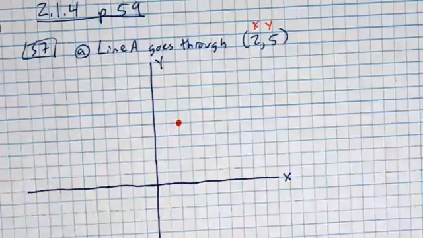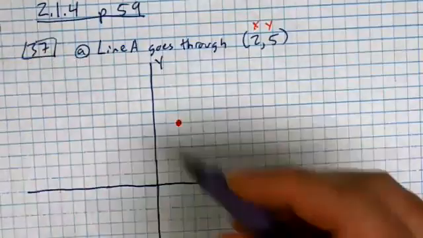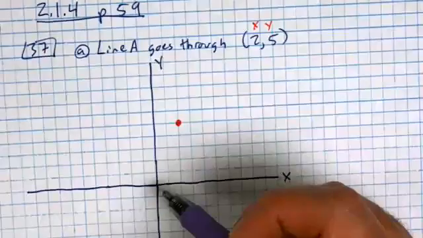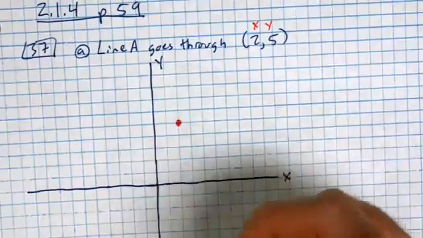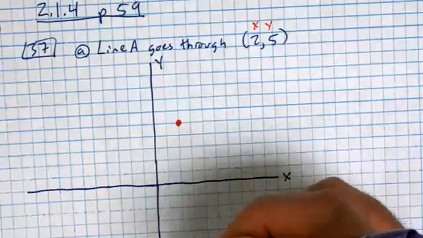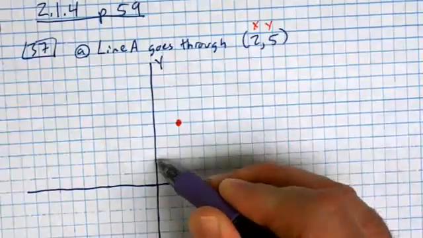Yep. So if you've got a ruler, or you can just use the edge of your book or something, I'm going to draw a line that goes through that point, and I'm going to have to write the equation for this line. So I want to make sure that any lines that I draw have nice, good y-intercepts. So I'm going to pick a point, maybe right here.